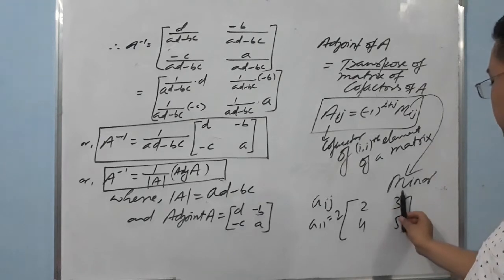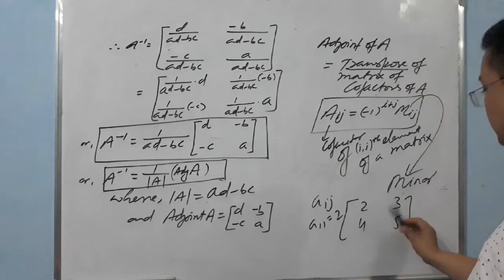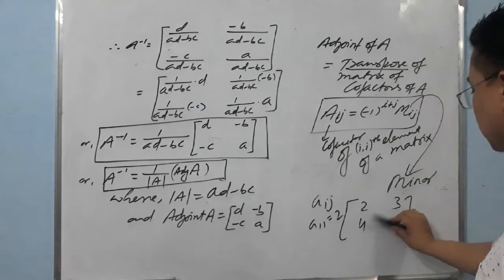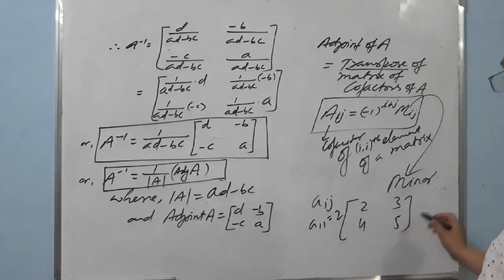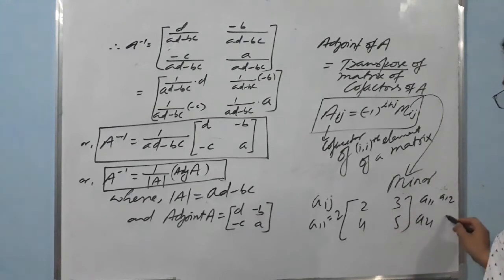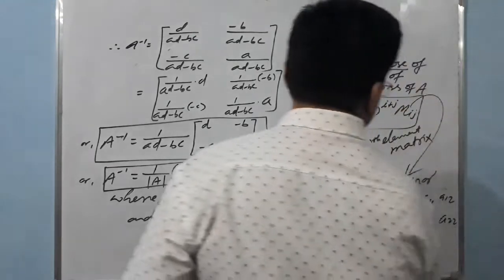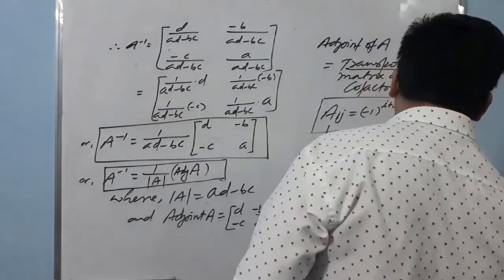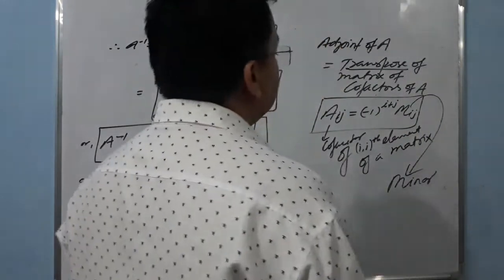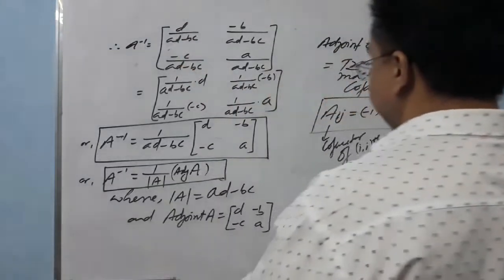This is A22, the element in the second row, second column. These are the ij positions, row and column. i means row and j means column. So I think it is clear.